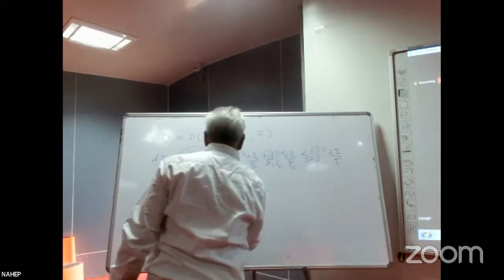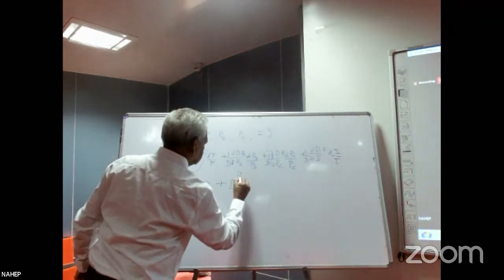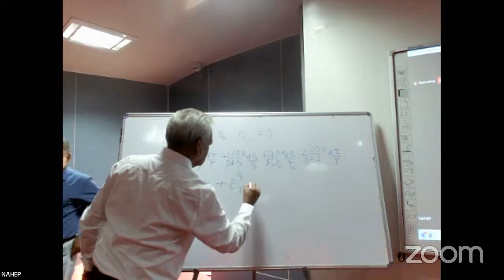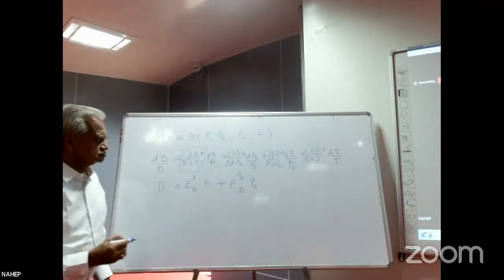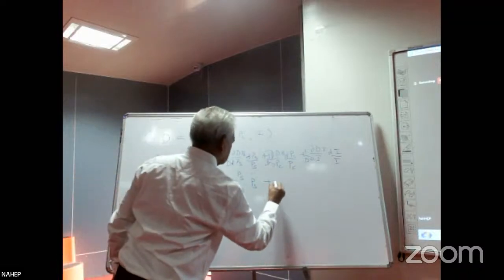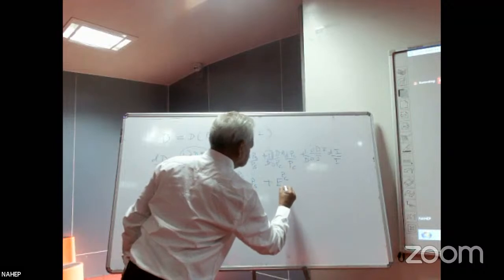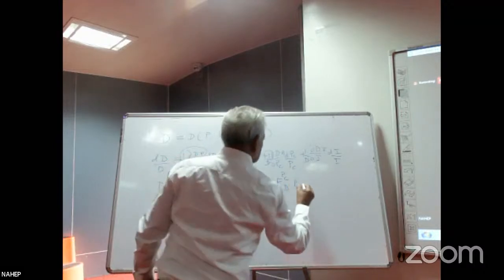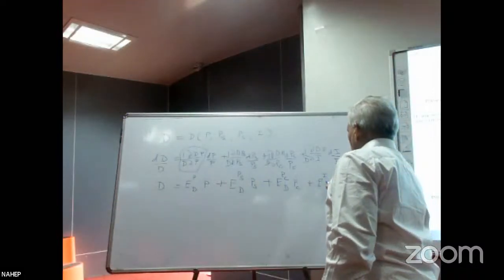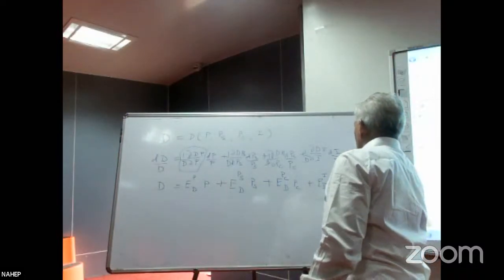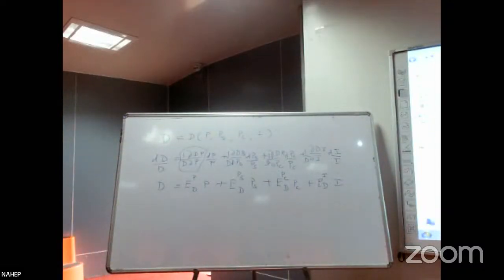Then you are getting the price elasticity of substitutes, D growth and PS growth. You are also getting the price elasticity of complementary goods, PC growth. Then you are getting the income elasticity of demand, I growth. Right? So it is so simple.